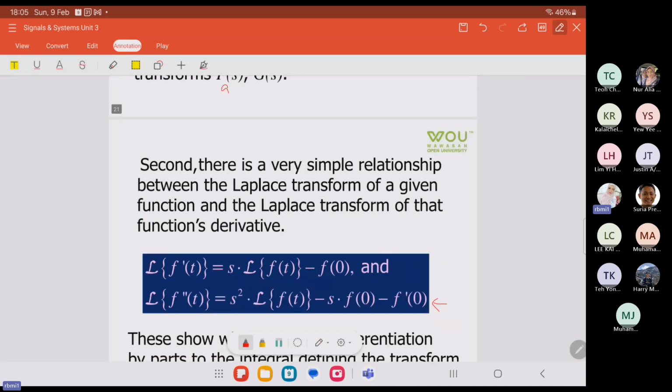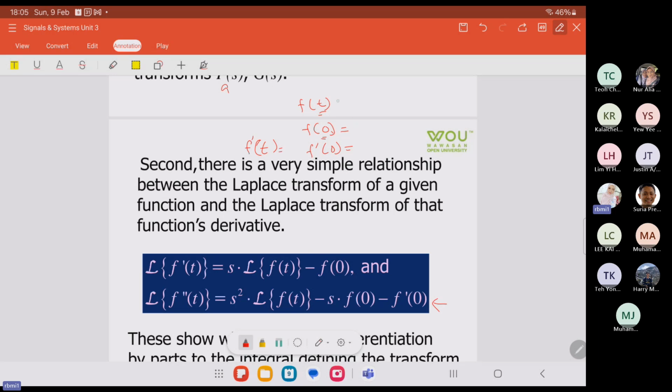How to determine the initial conditions? For example, this is at time equals 0, and this one is at f prime of t.